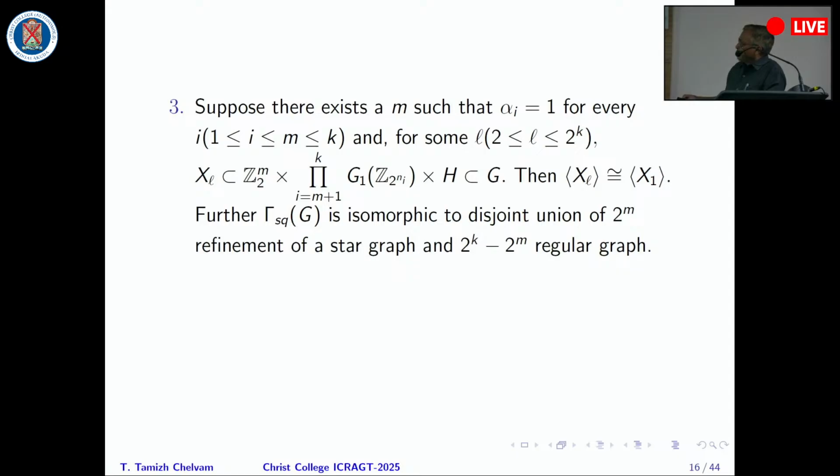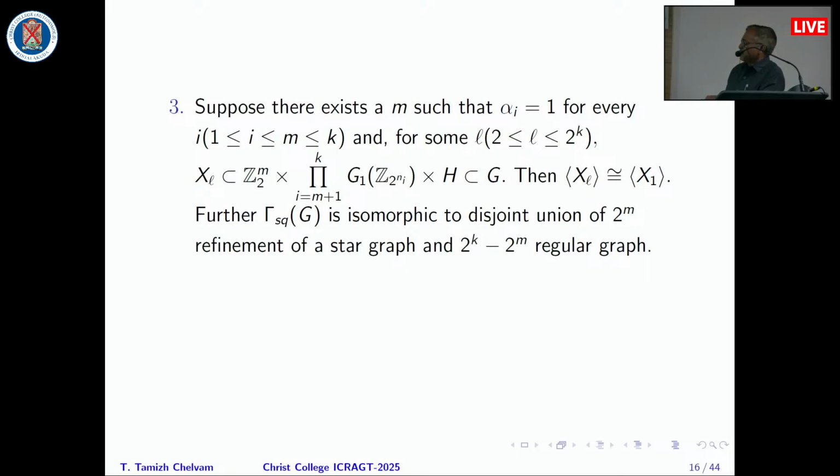And further we could observe the structure of this X_L, using how long this number is. Alpha_1 is 1, because p_1 to the power alpha_1 and so on, up to p_r to the power alpha_r. Suppose p_2 to the power alpha_2 is 1, then as per this condition we collect the exponents which are 1, starting from 1 up to m.